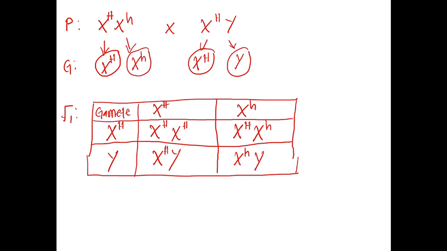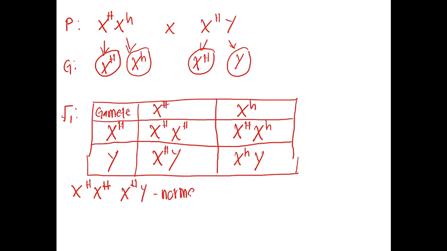Okay, the question wants the phenotype and genotype of the offspring, right? So the genotype has been given. Okay, so this means you have shown the genotype of the offspring already. So for the phenotype you have to write it down. Okay, so you have this one, X hash, normal. Okay, this one. So this is normal.